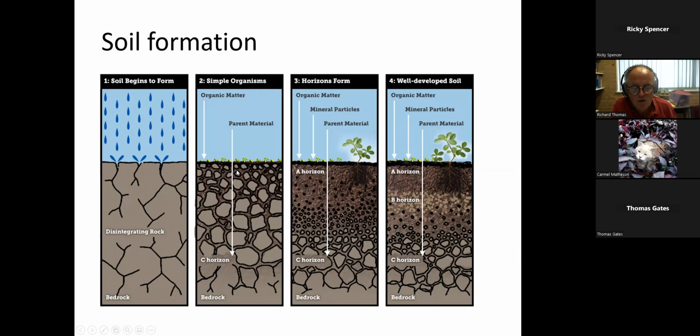Now, once it's disintegrated to a certain point, then seeds that are blown onto the surface have enough broken down material to grip onto and bury themselves into and start to grow.